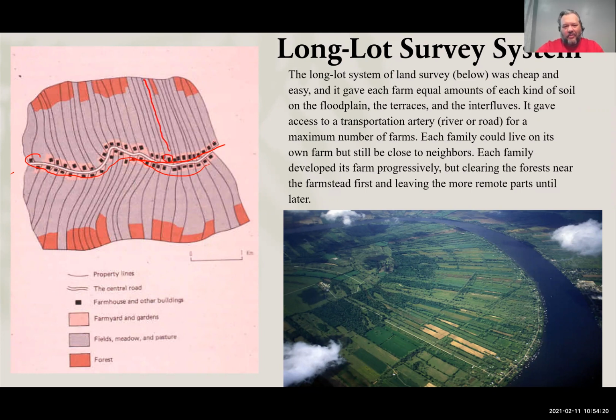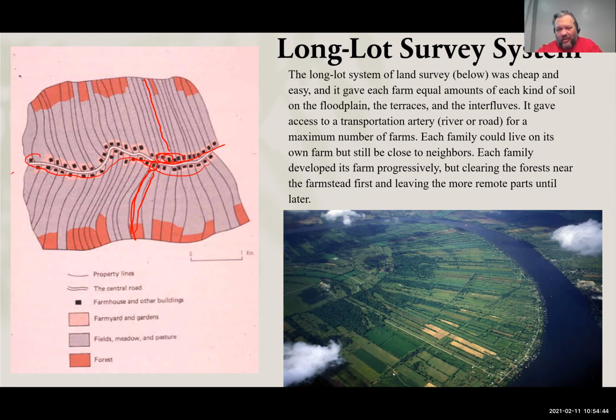And so it gives them a fair amount of land to farm, but it does keep people close together. All right. And so if you own this house in this plot, this might be what you farm. Even though it's very narrow, it does go very long. And so it allows farmers to actually have a fair amount of farmland, but still stay close to other people.